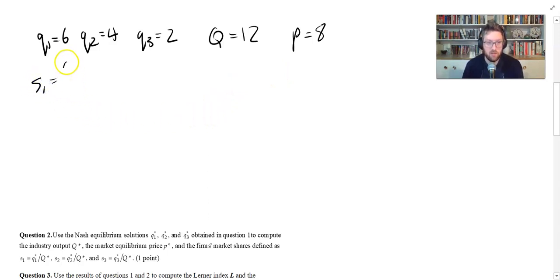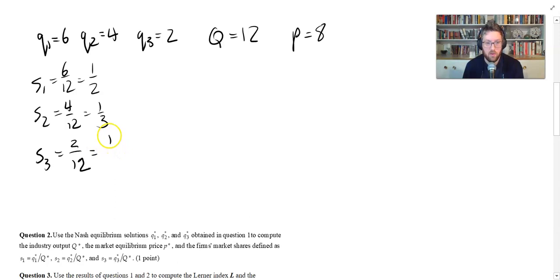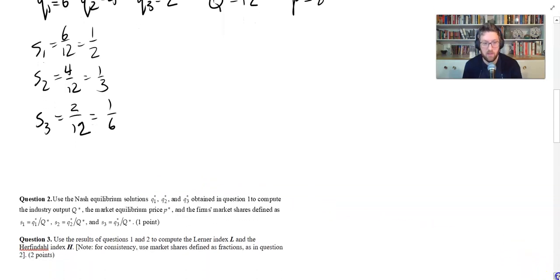S1 is 6 over 12, which is 1/2. So half the market is supplied by firm 1. S2 is equal to 4 over 12, which is equal to 1/3. And S3 is equal to 2 over 12, 1/6. All right, so these are the shares of the market, and we can see the most efficient firm has a bigger share than anybody else.